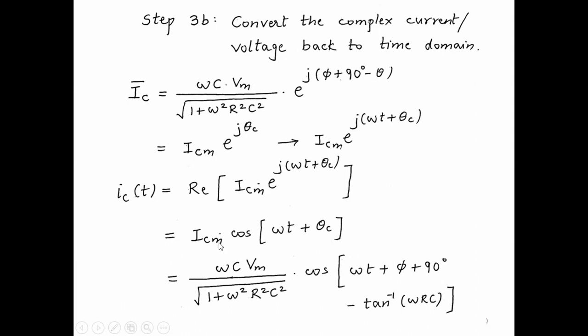So ICM is the magnitude, theta c is the phase, and the final expression for IC of t is the magnitude ICM cos of omega t plus theta c. We'll do many more examples next time. This is the end of this lecture.